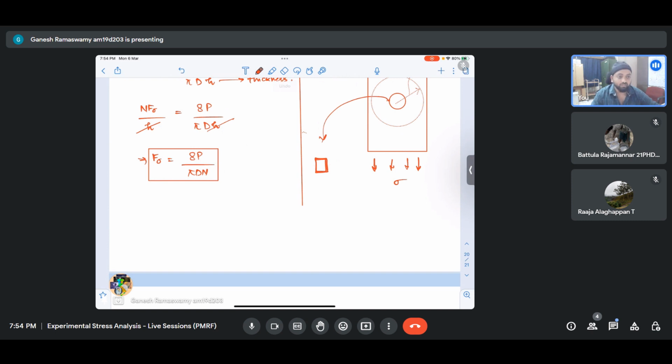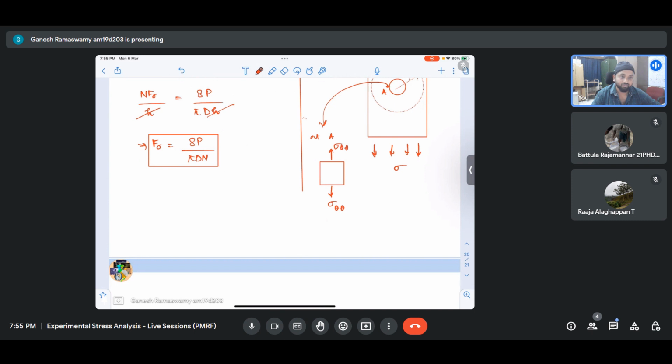Okay, and being a free surface, shear also doesn't exist, which implies that at this point, let me call that point A, if I draw the stress element, I'll be left only with one type of stress, which is nothing but sigma theta theta. Okay, because sigma r doesn't exist from free surface arguments, and shear also doesn't exist.